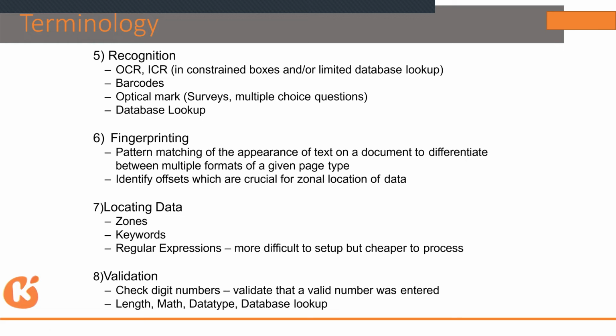A name should have 100% alphabets, so I will validate that the particular name field has 100% alphabets or not. If it is not 100% alphabets, the Datacap system identifies that it is not a name value.